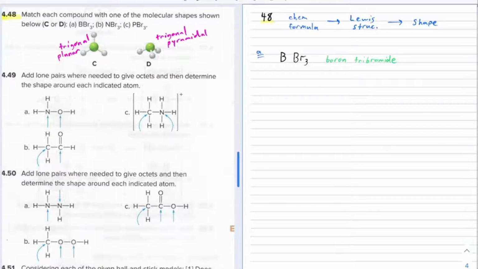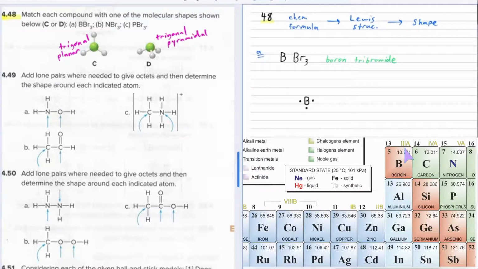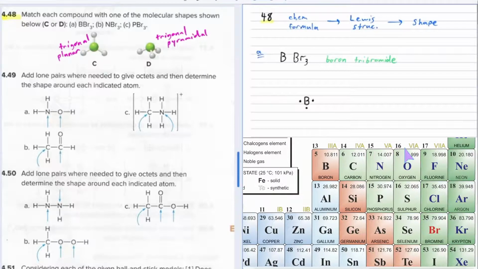And boron has three valence electrons, 1, 2, 3, because it is in group number 3A. So there's boron in group 3A. And then the bromines are in group 7A, so they get 7 valence electrons.